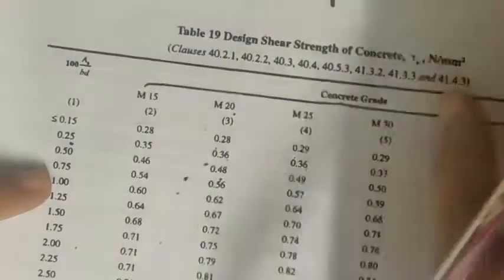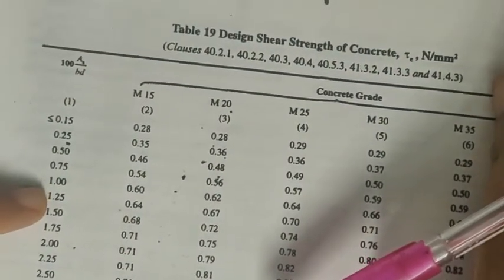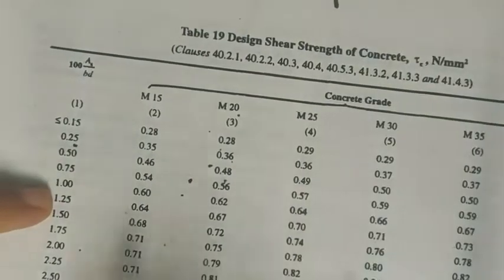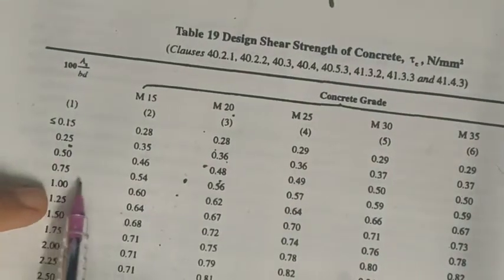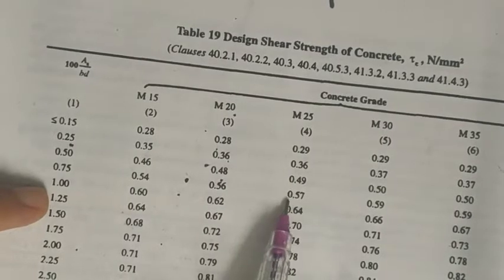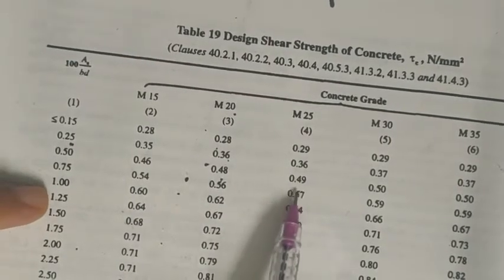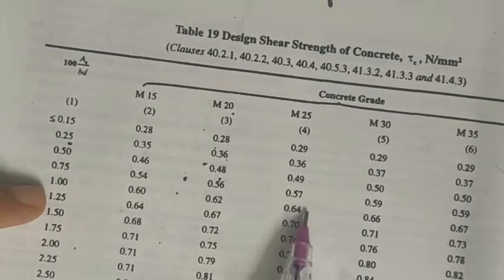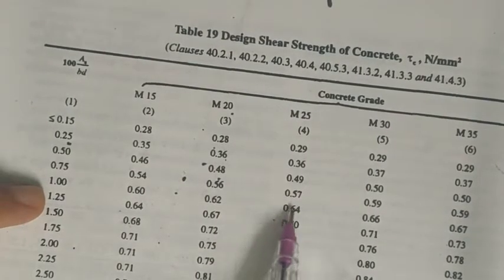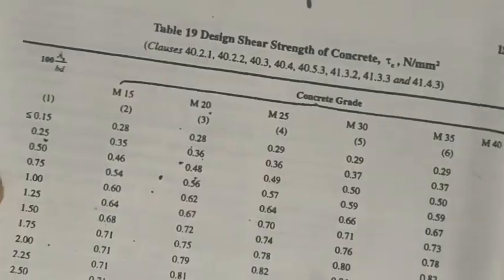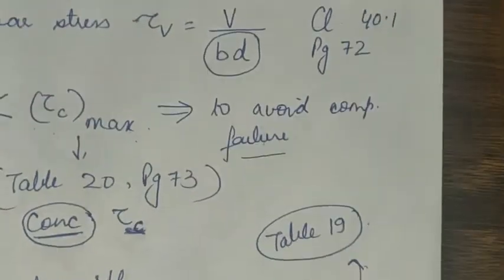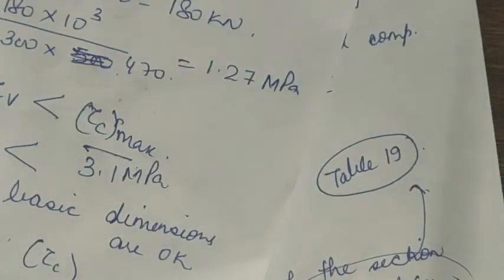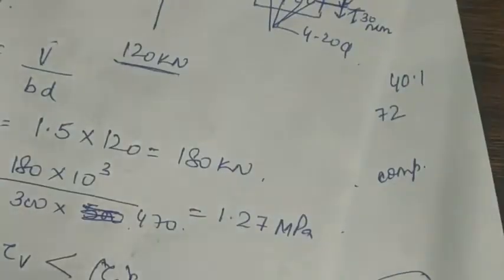Now 0.89 lies between 0.75 and 1. I have to look at the table for M25, and the value of tau C will lie between 0.57 and 0.64. Is it okay? Clear? So what I am basically doing is using table 19.